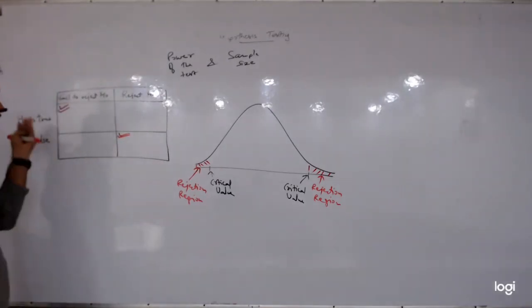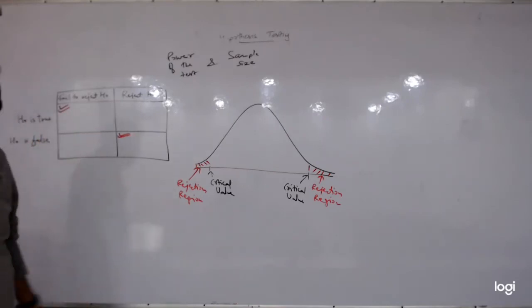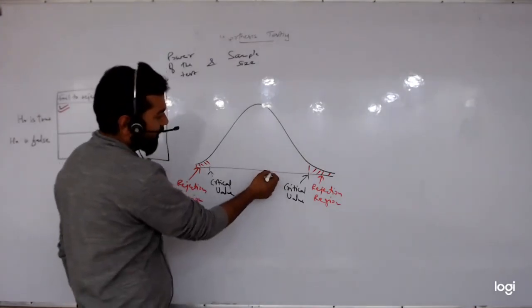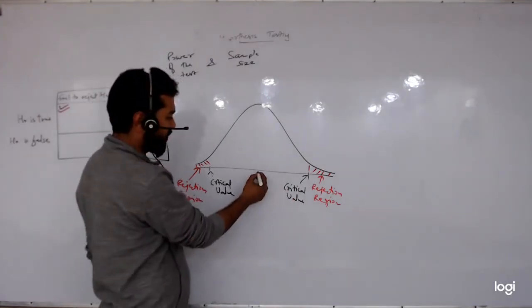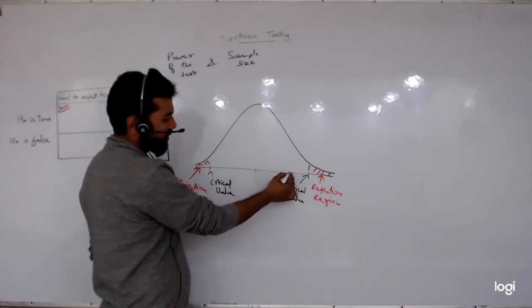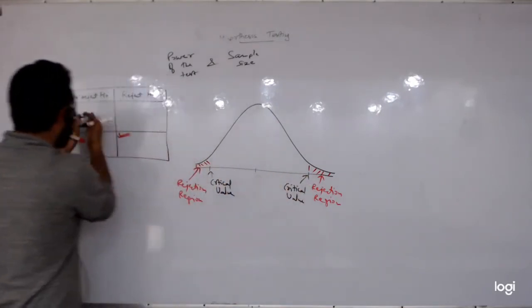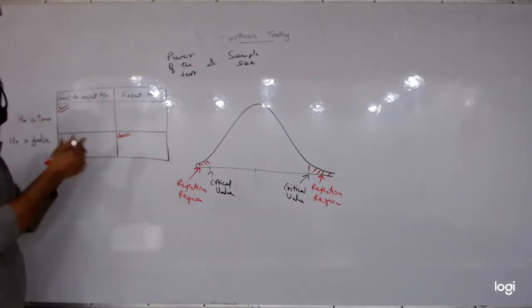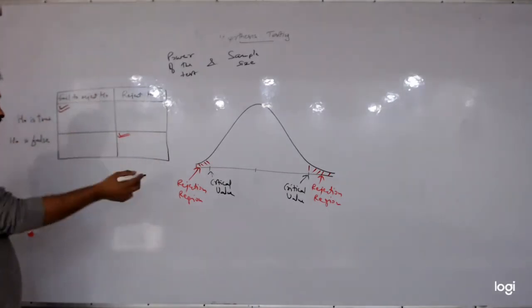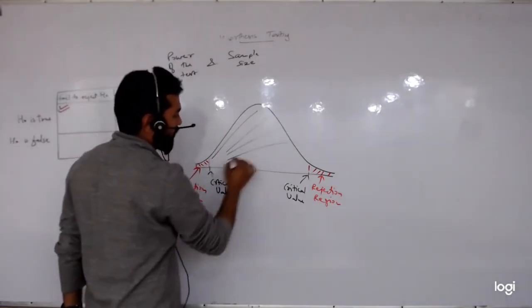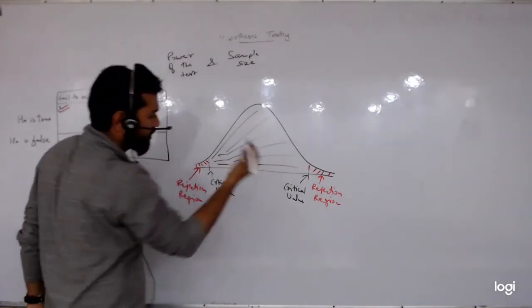now if H naught is true and we get the value calculated from the sample, this is where it lands in this. Okay, we just say we fail to reject it, which is fine, and this area, what is it?